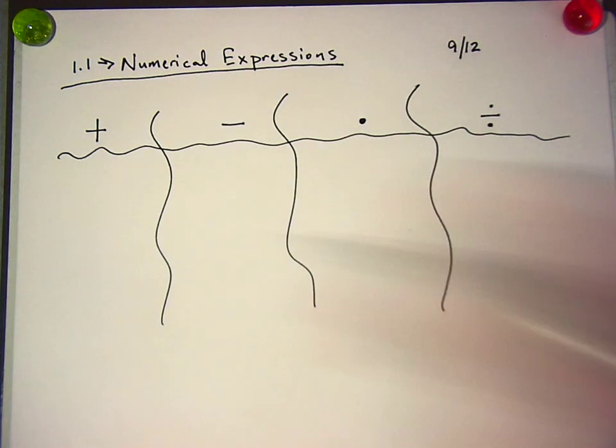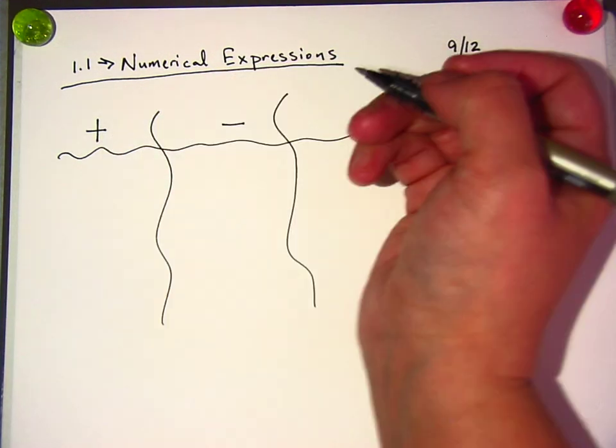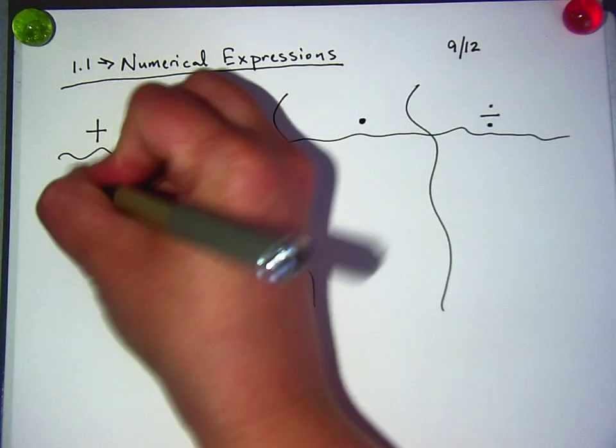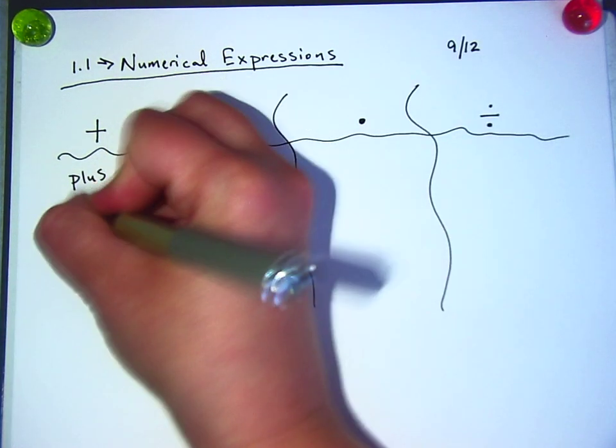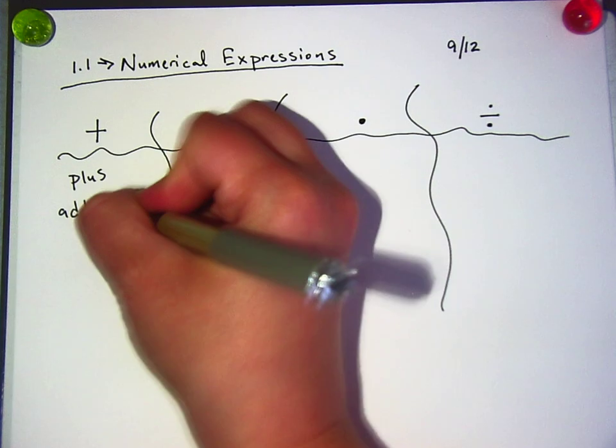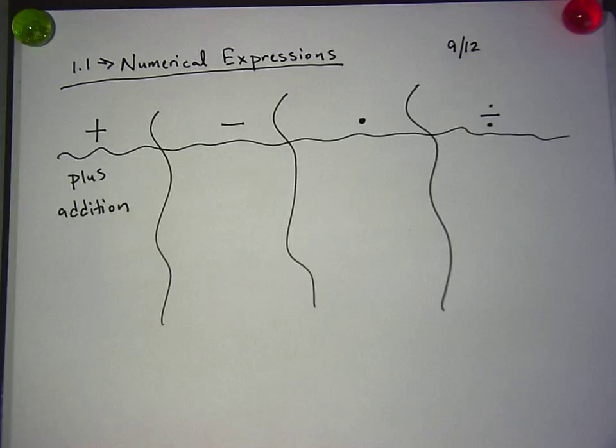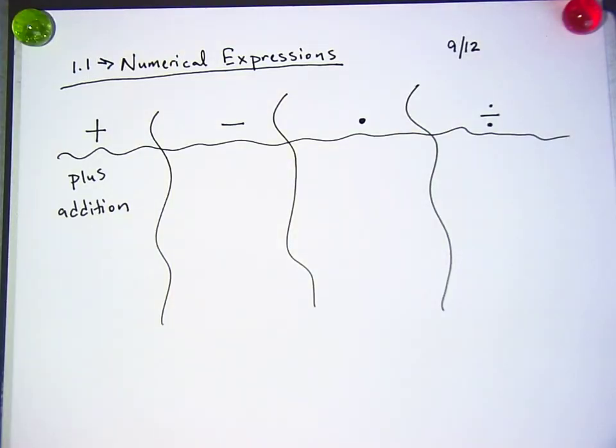All right, let's go. What are some words for this symbol right here? Plus, what else? Addition. Add. What else could you see in a sentence that would make you say we've got to do a plus? The word add. Contribute.